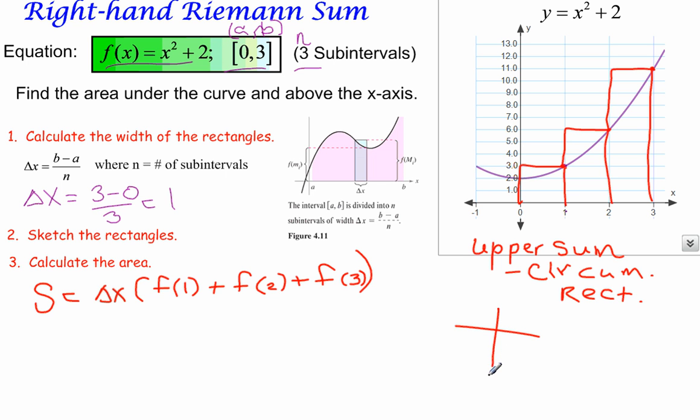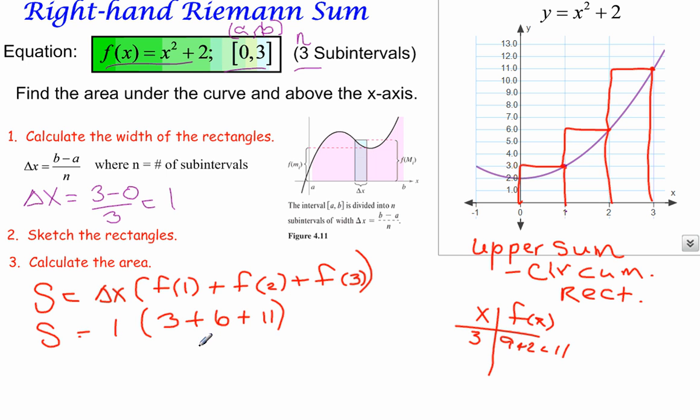And if I just did a quick little f of x table, plug in 3. 3 squared is 9. 9 plus 2 gives me a height of 11. Okay, so our sum is going to be delta x has a width of 1. F of 1 is 3. F of 2 is 6. And f of 3 has a height of 11.